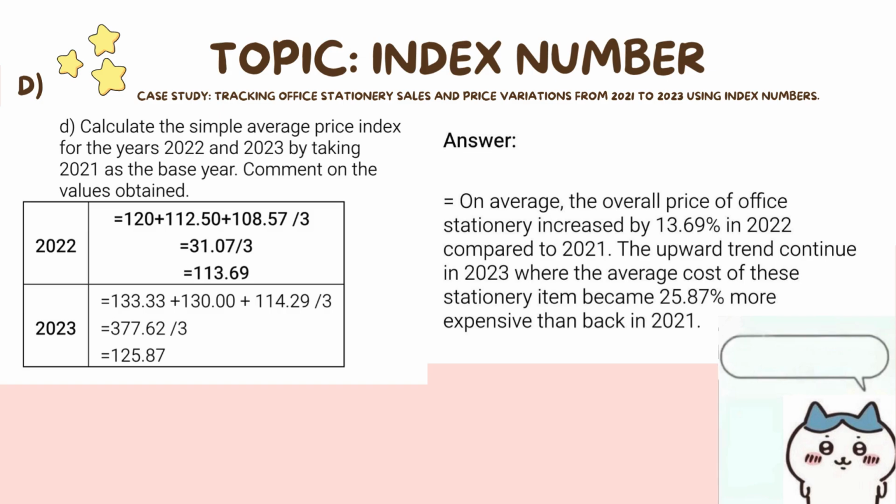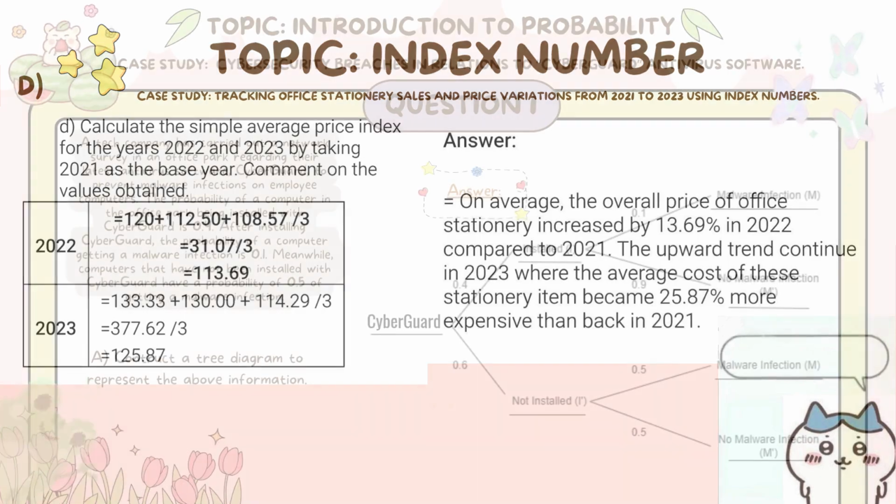On average, we can see that the overall price of office stationery increased by 13.69% in 2022 compared to 2021. The upward trend continued in 2023, where the average cost of these stationery items became 25.87% more expensive than back in 2021.